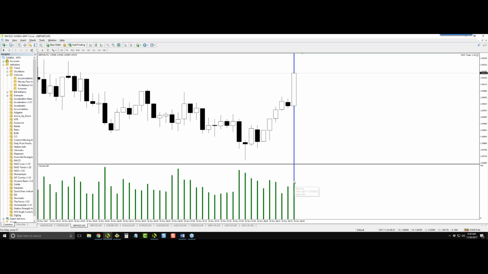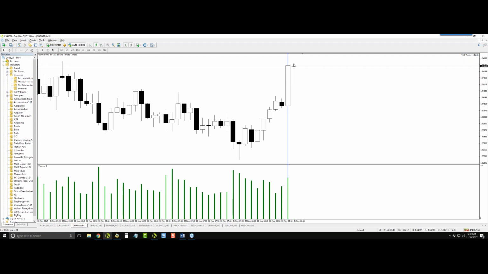I mean, see, we only saw this move a few ticks, and yet it's moved up like 40 ticks now. And it's actually moving pretty good now. That's pretty cool. But volume on the Forex market is just tick volume. It's just showing how many times anything is happening. So it's not showing the volume.